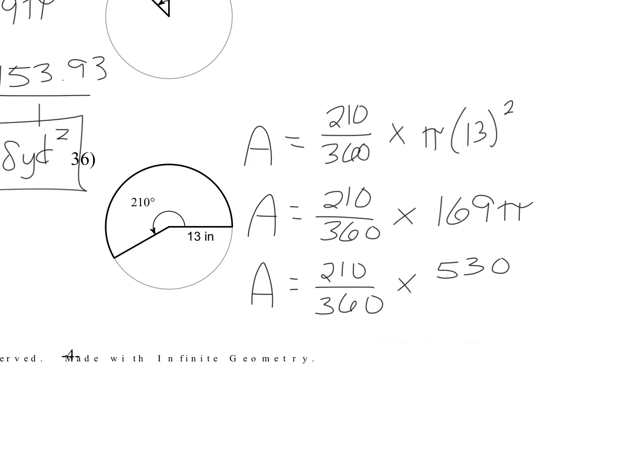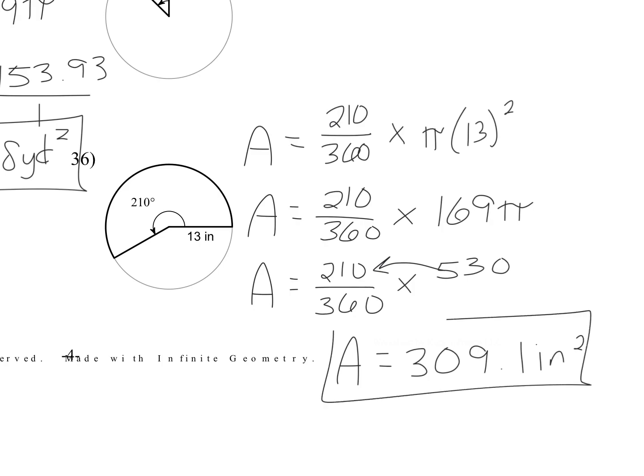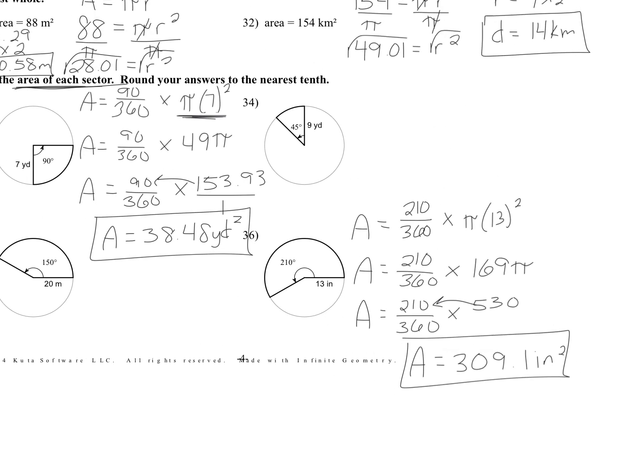What do I do with that? Times by 210, divide by 360. What do we get for area? 309 point. What's my label? Inches squared. Good. Any questions on the back side?